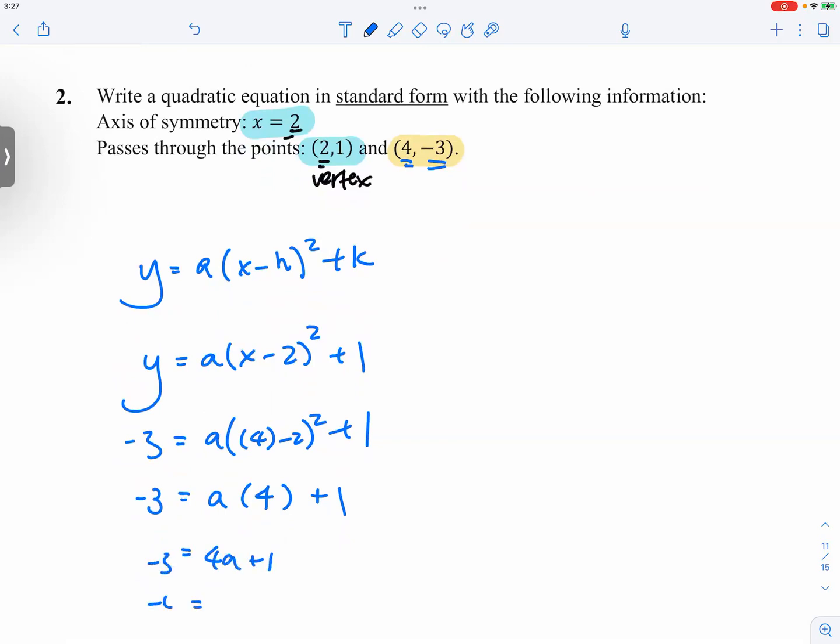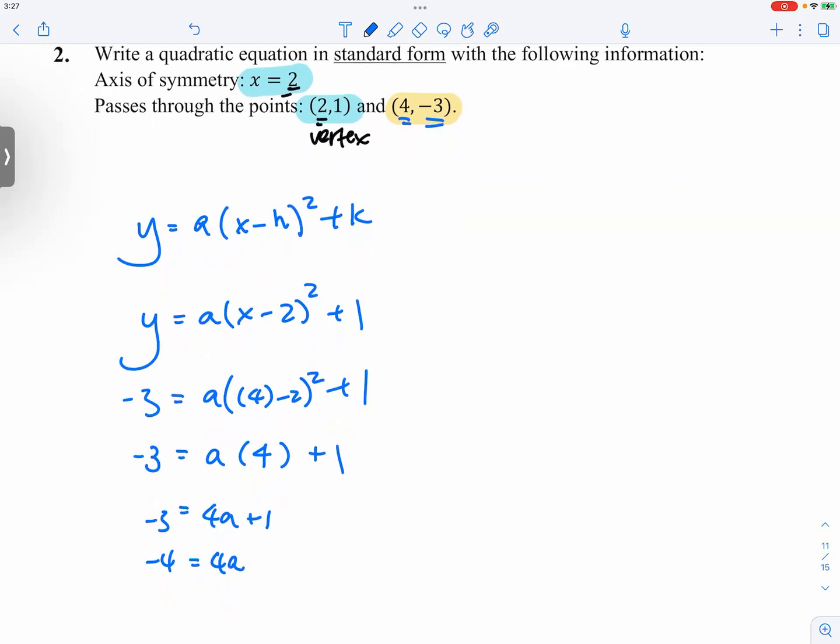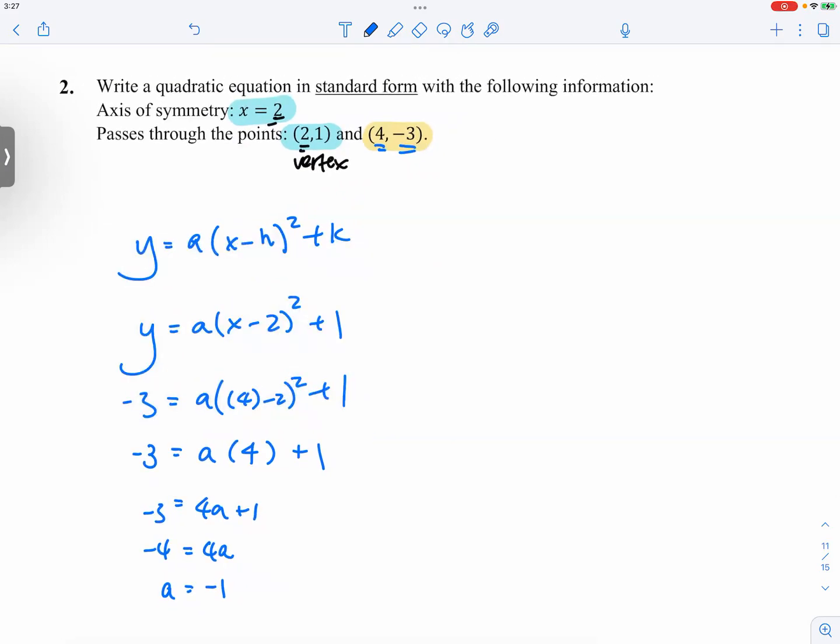Subtract 1 on both sides, so you have -4 is equal to 4a. Then we know a is equal to -1. If we were just asking for the vertex form, this would be our answer.